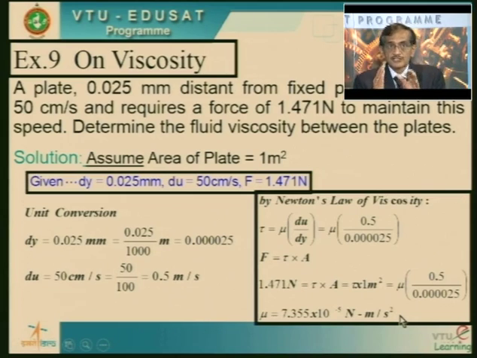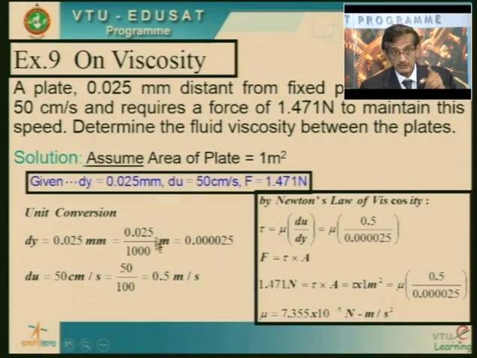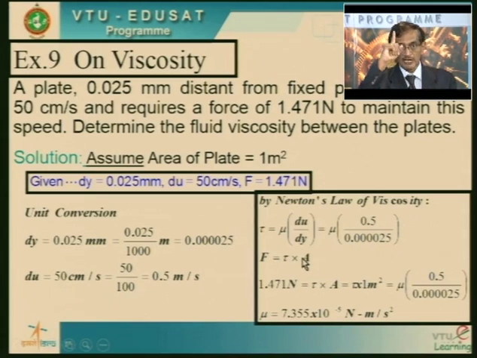So, this question has given you just a beginning of how we have to solve a problem on viscosity, in which we need to convert mm to meter, du to meter per second by dividing by 100, and use this formula, which is the objective, tau equals mu into du by dy, where mu is the dynamic viscosity, 0.5 divided by the dy value which we already converted. We got the shear force as shear stress into area, area is assumed as 1 meter square, and we got the dynamic viscosity.